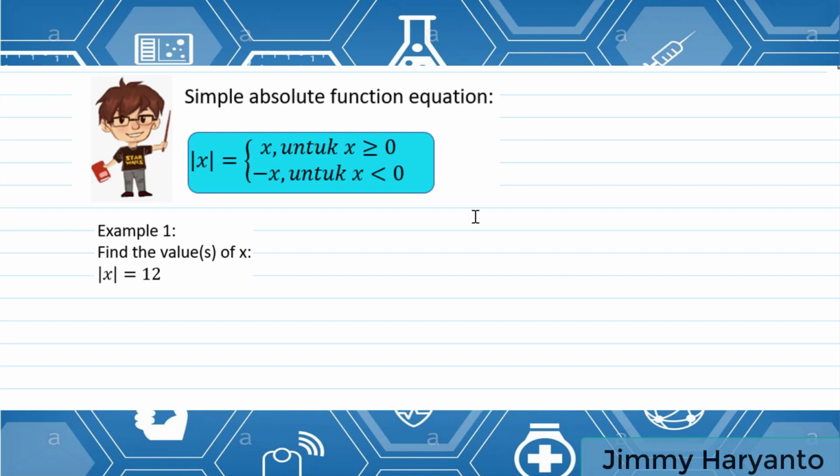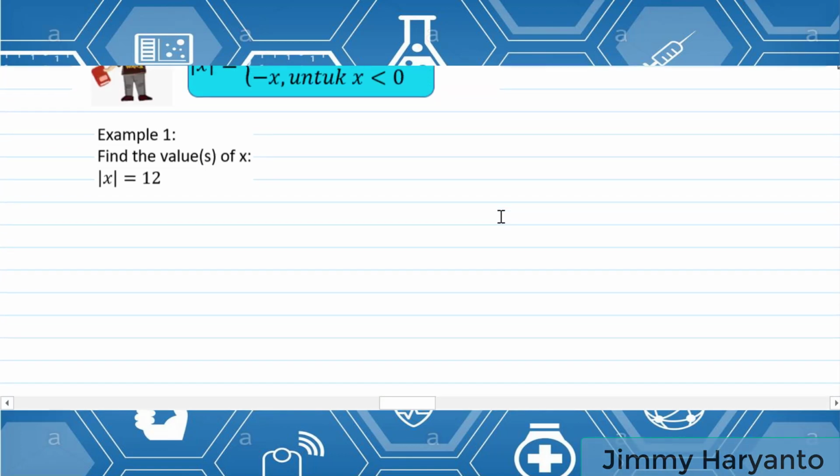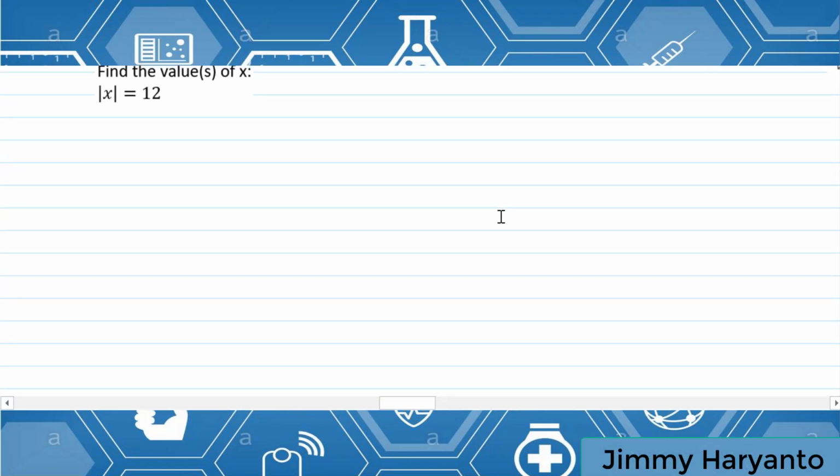Confusing, right? No, if you look at this example, find the value of x for the absolute value of x equals 12. The trick is you have to split this equation into two. While splitting, we have to remove the absolute value sign. How to split?